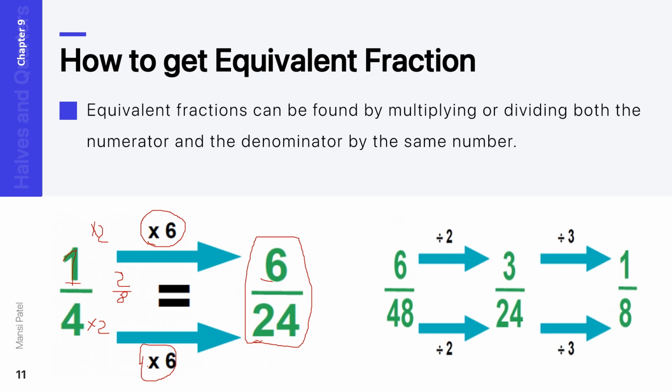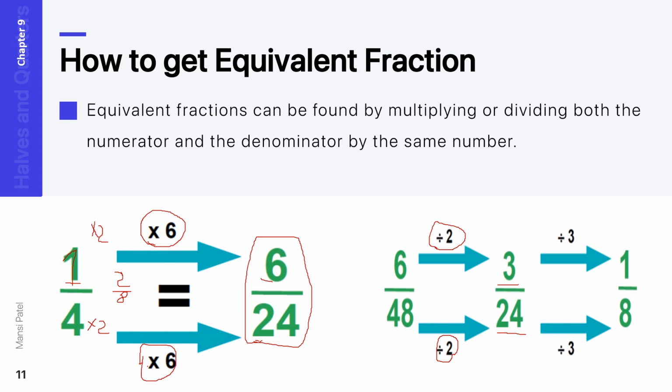So see here, your second question is 6 upon 48. Now you have to find the equivalent fraction of 6 upon 48. So first we divide this 6 by 2 and this 48 by 2. When we divide 6 by 2, your answer is 3. And 48 divided by 2, your answer is 24.